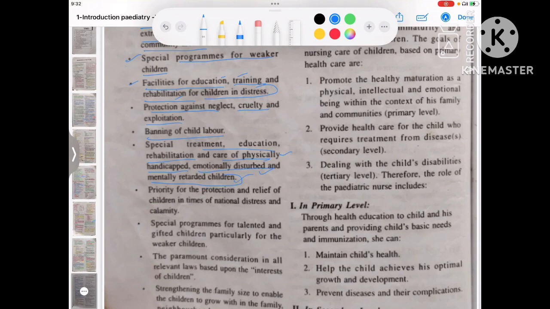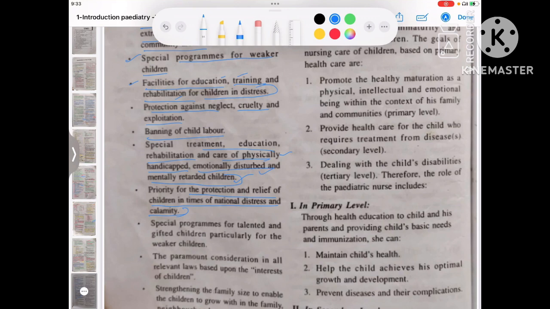Next one is priority for the protection and relief of children in times of national distress and calamity. If there is any calamity or national distress, this policy will provide protection and relief for the children.